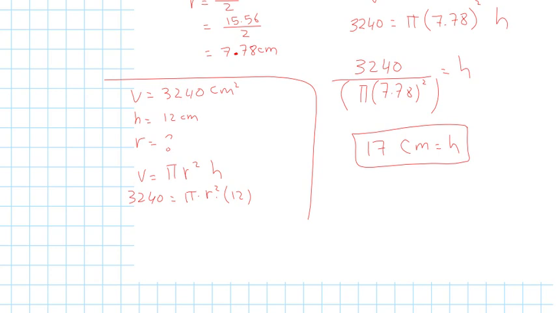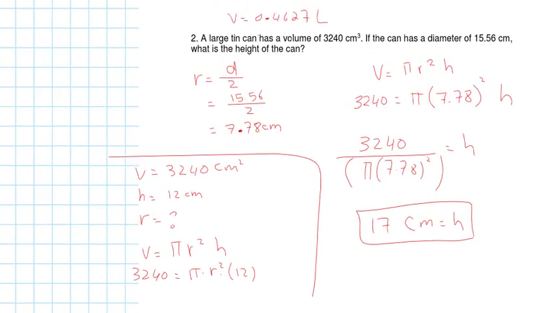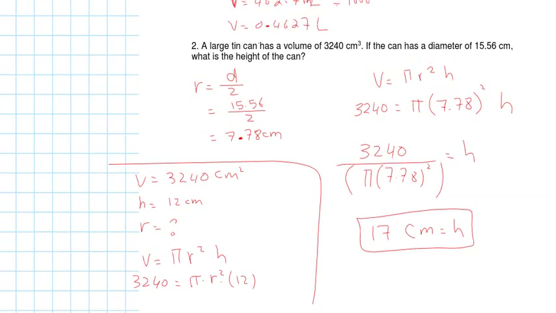Except for r, because it's under the square, you have to keep the square with it. But the 12 and the pi are multiplied, so you can move them together to the denominator, like we did when we moved the pi and the 7.78 squared. Same thing.